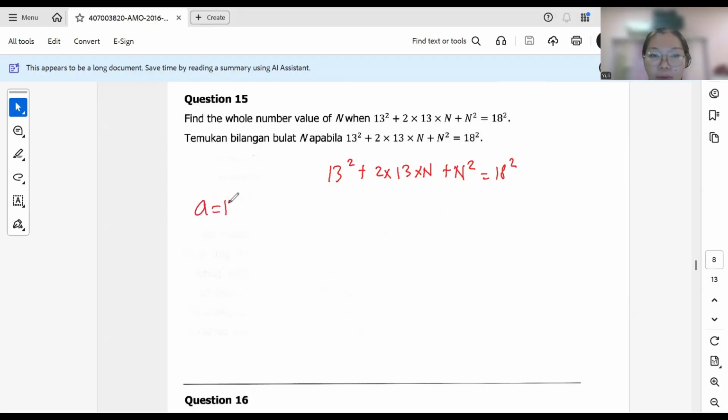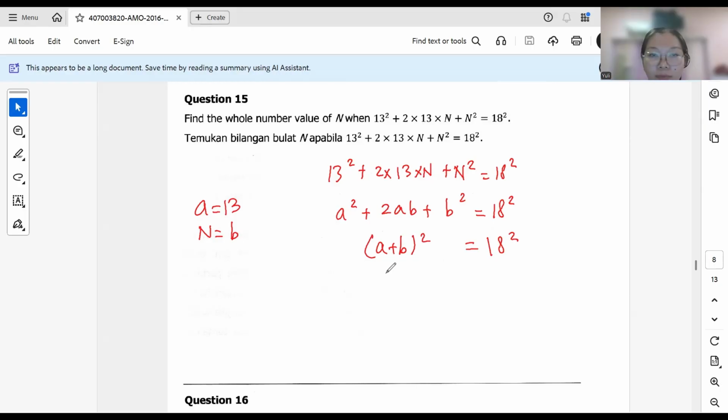So this is the A. This is the B. If you factorize, you will get this, right?